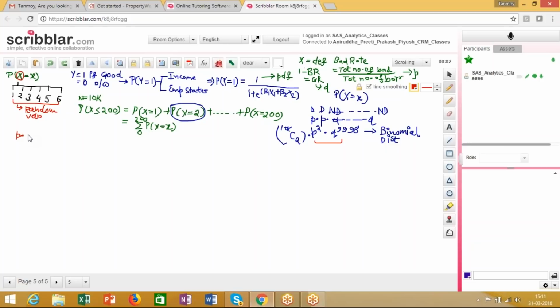Now, in the second event, I also try and I see that yes, again the loan defaults. So I again have a success over here. Now observe that trial 1 and trial 2 were independent of each other. Given that they were independent, the fact that the first person turned out to be a defaulter would not necessarily imply that the second person will also turn out to be a defaulter, right?